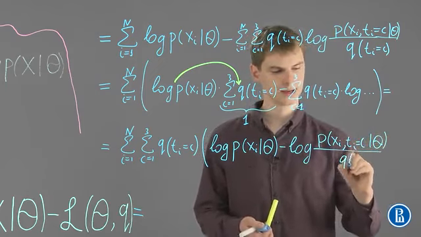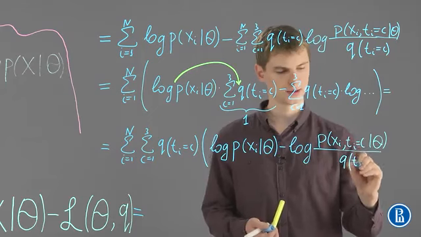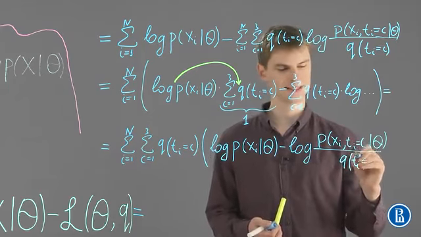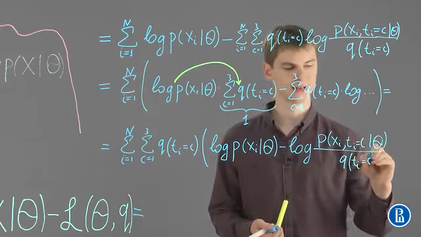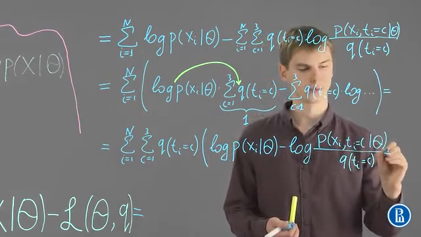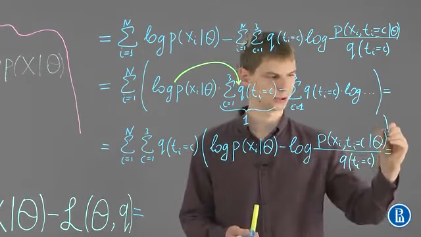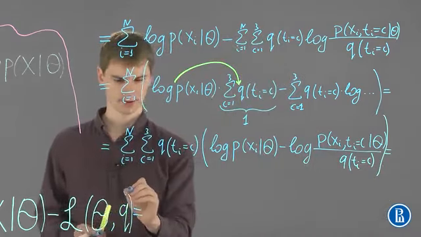And since the logarithm has the property that the difference between logarithms is the logarithm of the ratio, we can rewrite this whole expression like this.